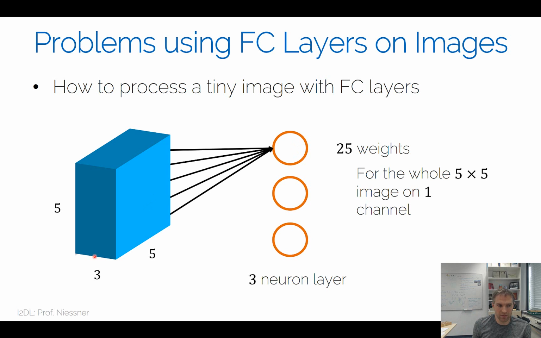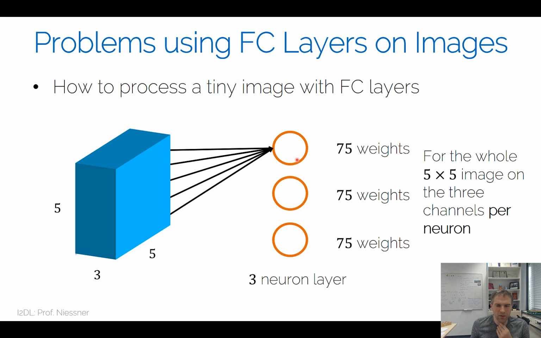And now, since we have 3 channels here, we in fact have 3 times the number of weights. So in total, if we're having a 5x5 image with 3 channels, we're going to have 75 weights that we are using here. And this is just per neuron. In fact, we have 3 neurons here, so we have 75 weights for each neuron individually.